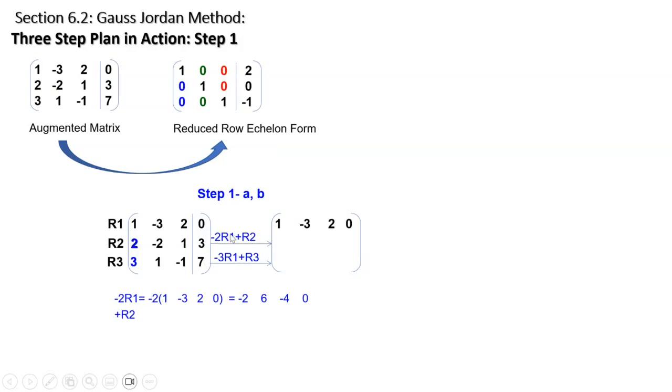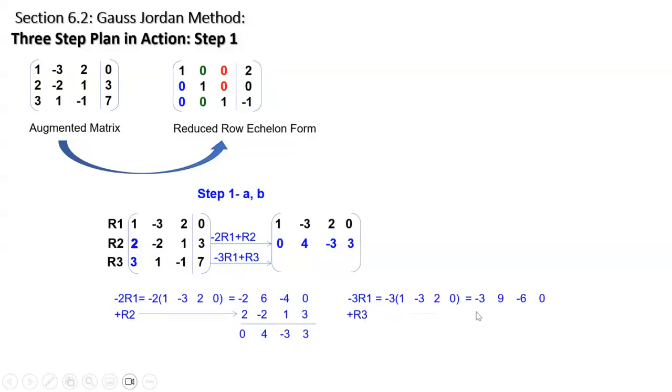Now, plus row 2, so I just bring it over and add them. So I get 0, 4, -3, 3. So this is my new row 2. Now I'm going to do the second part of step 1, which is -3 times row 1. That is going to give us -3, 9, -6, and 0.